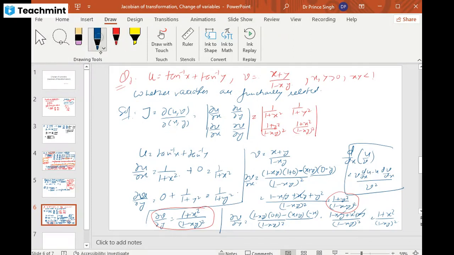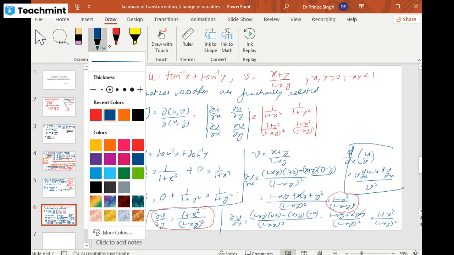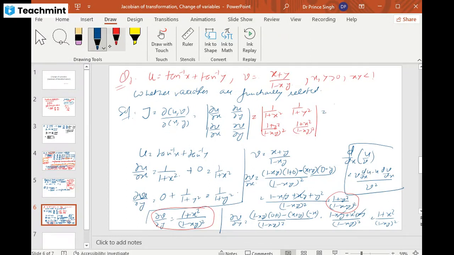Now if we solve this determinant, this into this: 1 upon 1 plus x square into 1 plus x square upon 1 minus xy whole square, minus 1 upon 1 plus y square into 1 plus y square upon 1 minus xy whole square. So 1 plus y square and 1 plus x square cancel out.